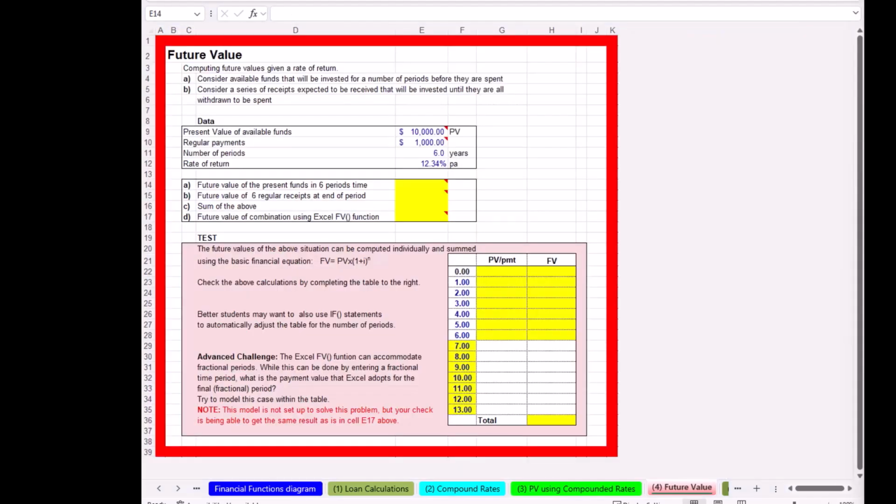We'll move now to the fourth and final exercise, which are exercises in future value calculations. We don't tend to use these terribly much, but it's important for you to have a little bit of experience and familiarity with them, because on some occasions they can be very, very useful, usually as a part of other models.